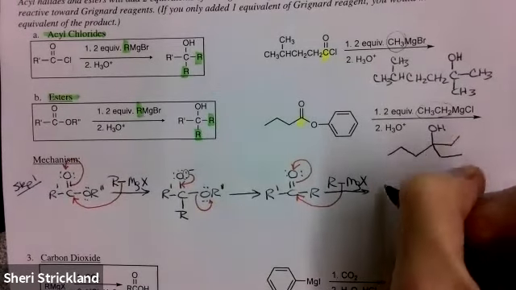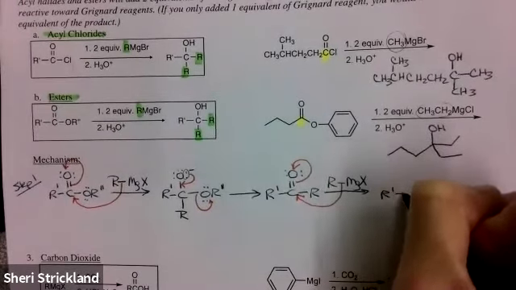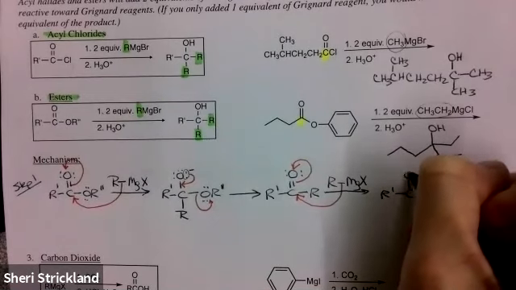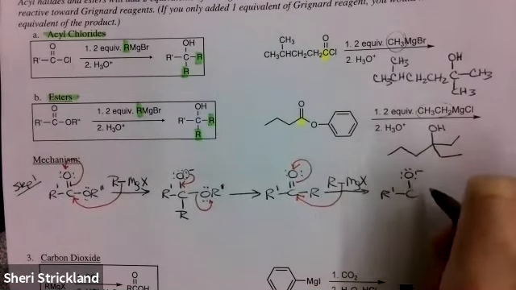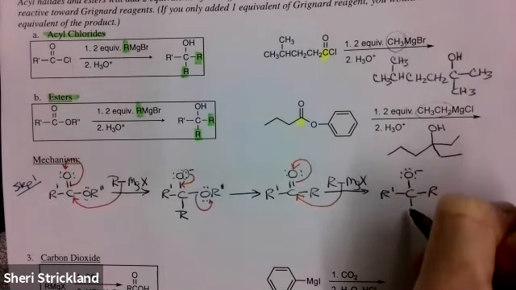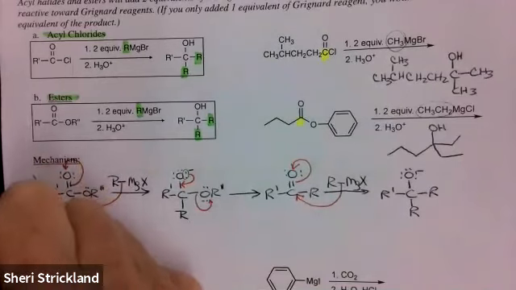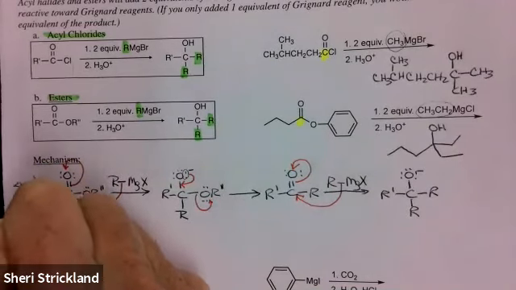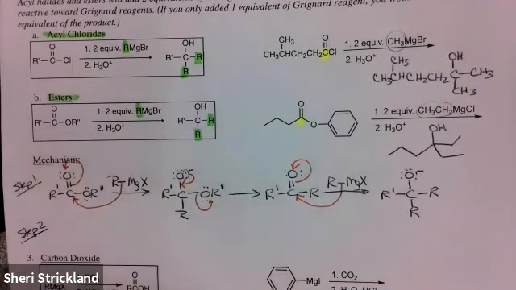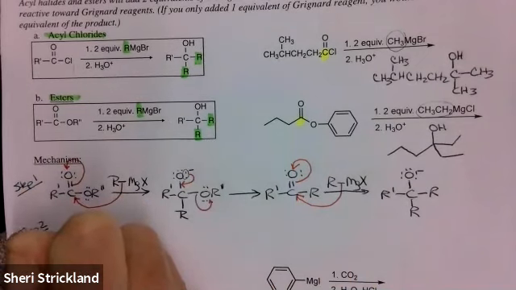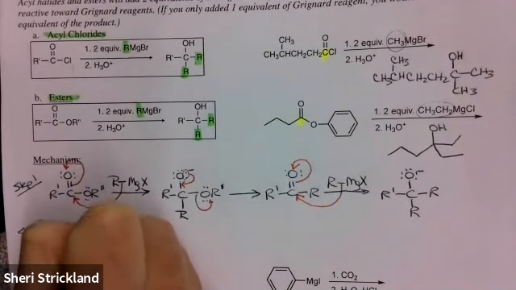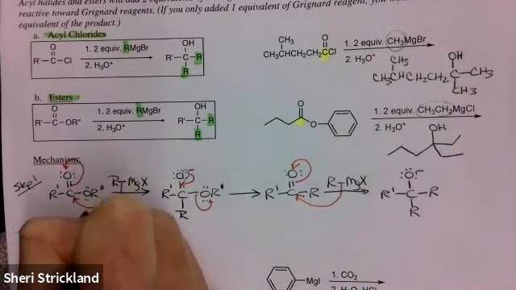So that gives us a second tetrahedral intermediate, like this. But now there is no weakly basic piece that can be ejected. That's why it will just sit there and look at you until you add some aqueous acid. And at that point, you can protonate that negatively charged oxygen.